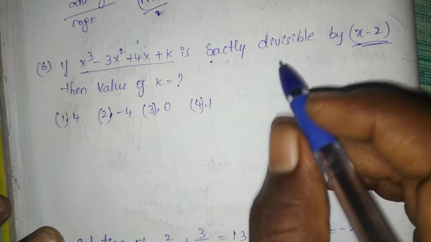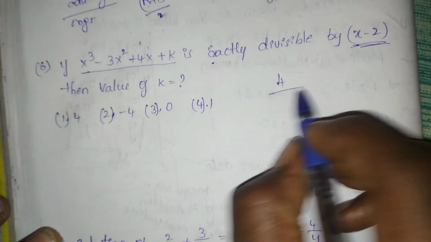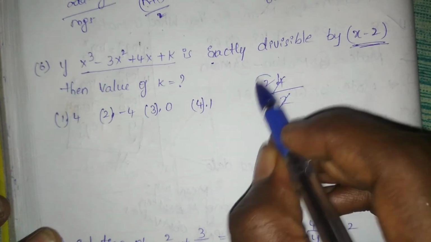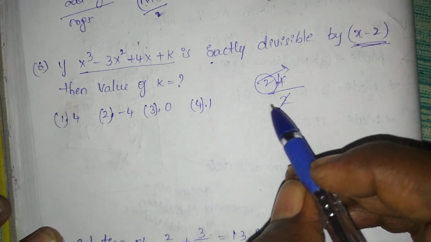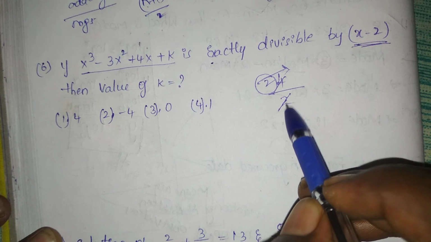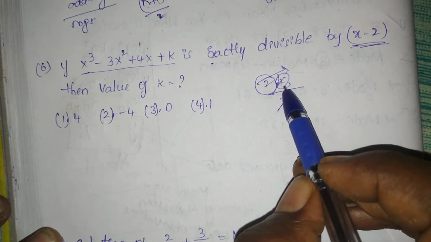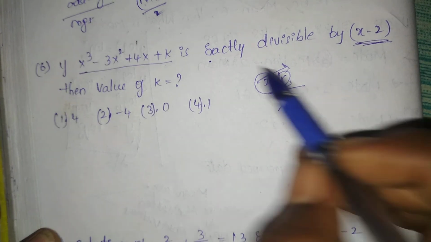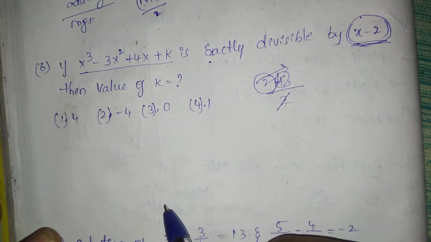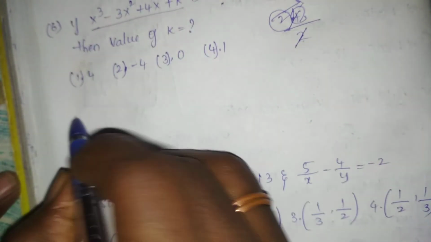Let us take an example. 4 is exactly divisible by 2. 2 twos are 4, which does not give a remainder, so 2 is a perfect factor of 4, and so it is also a perfect factor of this equation.